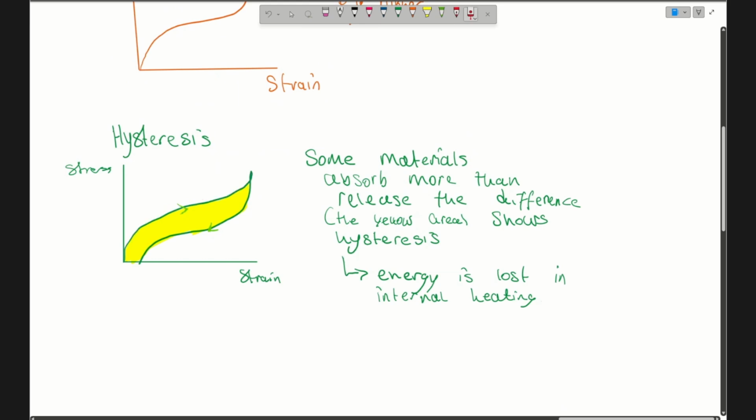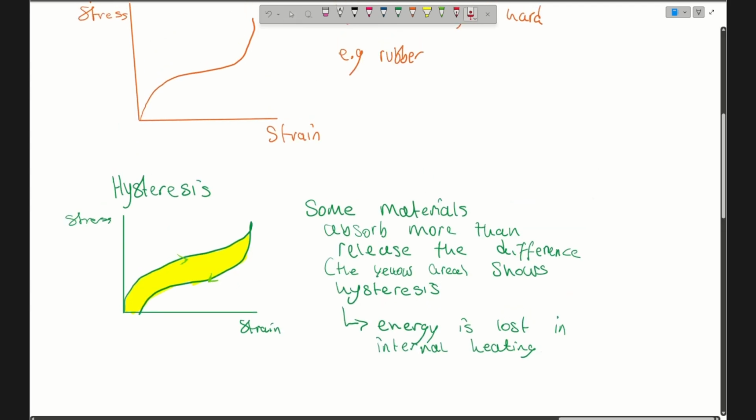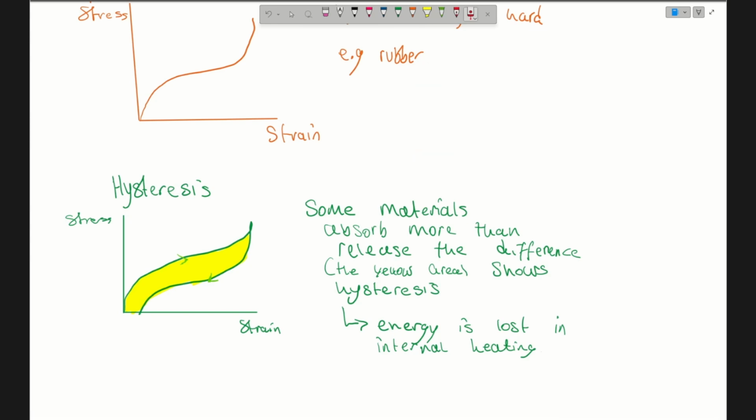This is shown in the yellow area, and this is hysteresis. So this essentially is the energy lost in stretching. And typically this is most commonly lost in internal heating. Once again, an example of this would be rubber. If you don't allow it to snap on this graph, it would come back something like that, and this area in the middle would be hysteresis.